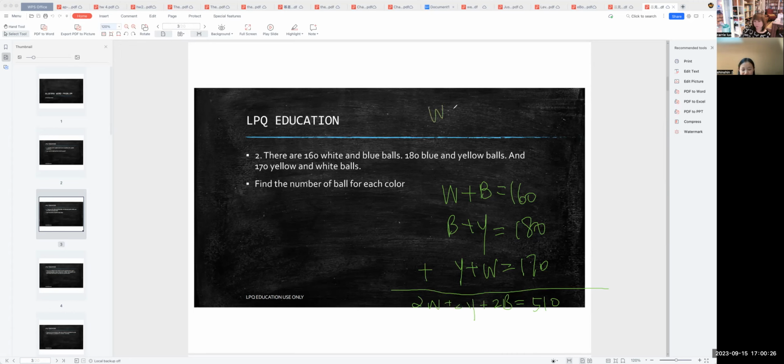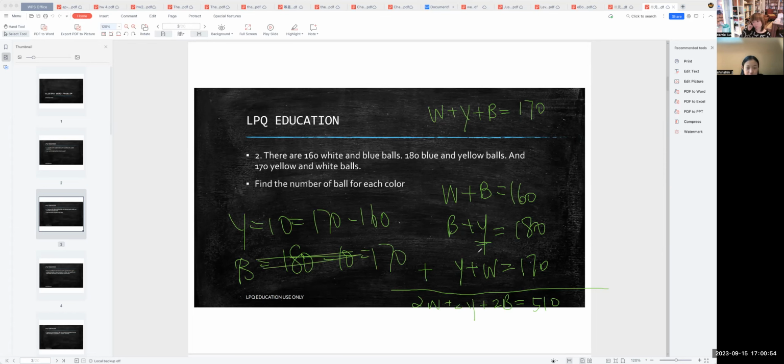So 1 white plus 1 yellow plus 1 blue equals 170? Okay, so yellow equals 10 because it equals 170 minus 160, right? And blue equals what? 180 minus 10, because yellow is 10.